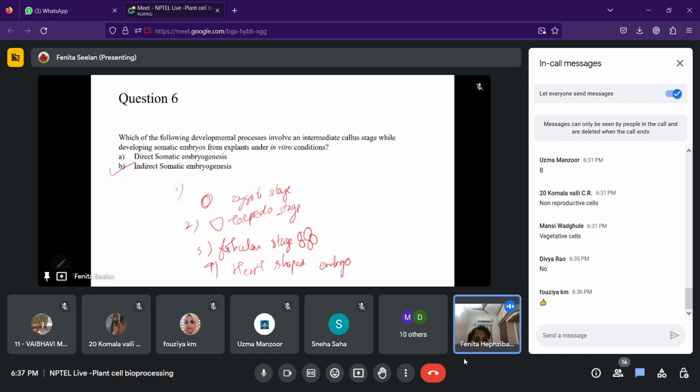What are the uses of somatic embryos? One of you said synthetic seeds. Why do we have to go for somatic embryos? We can directly grow plants now.